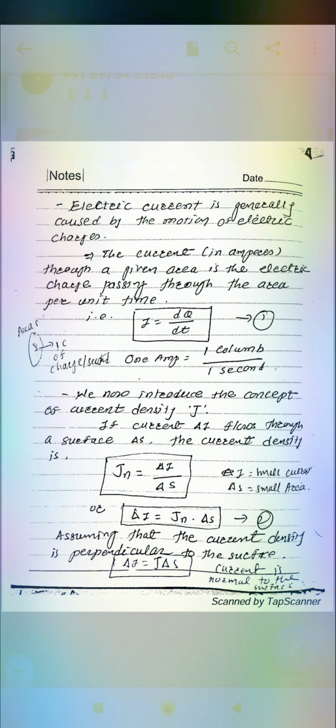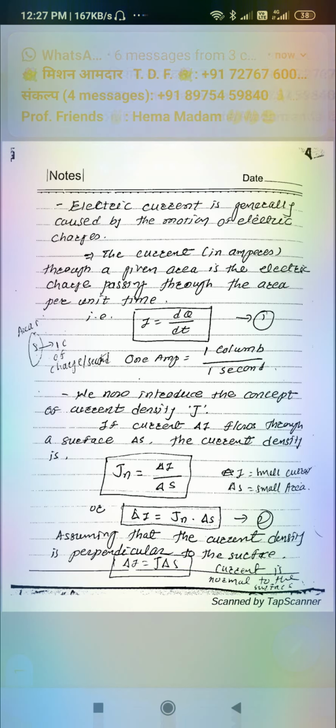When we consider the concept of current density, it is represented using the capital J. The current density J is given as the current delta I passing through a surface area delta S. What is meant by this?